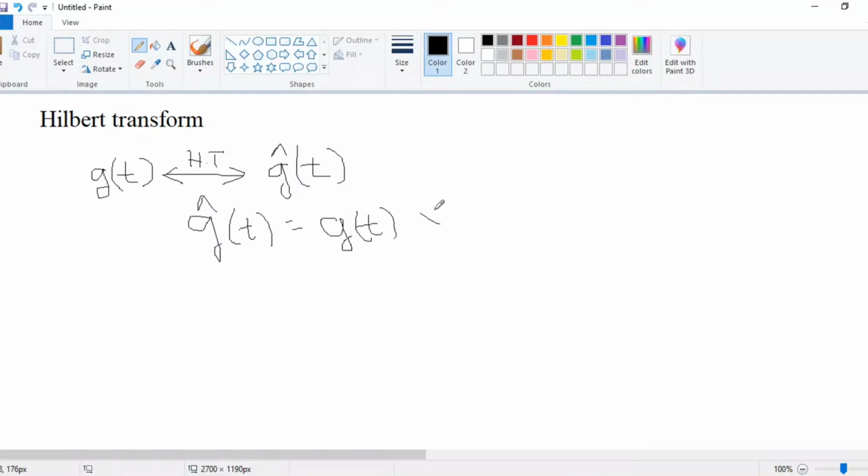Convolution with 1 by pi t, right. So this you know already.